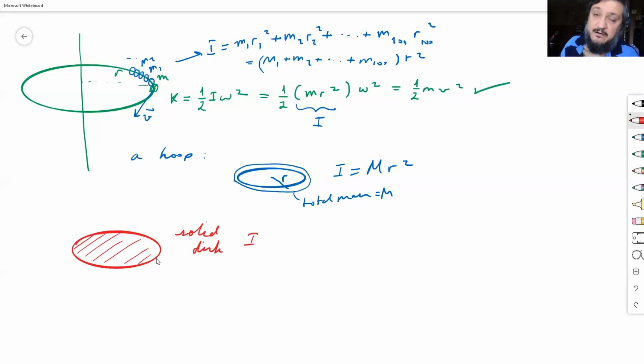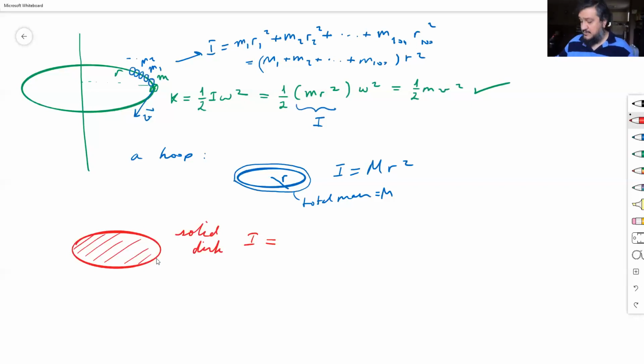Because you can't factor R out like you did before. Now, this I cannot explain without calculus. I cannot derive the formula for moment of inertia for a solid disk without using calculus. So I'm going to make a separate video for university physics students who need to learn how to calculate this. But for college physics students, just take it as a formula.